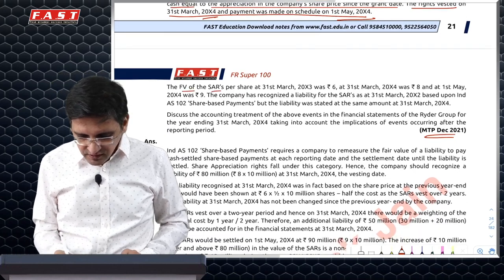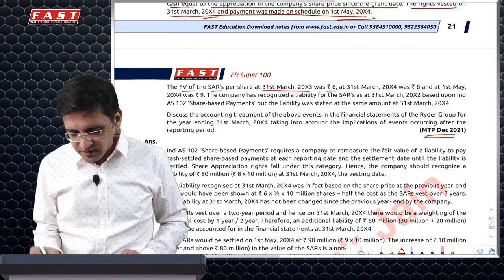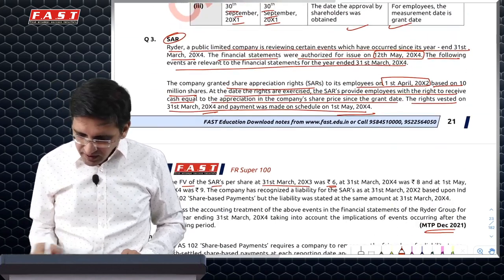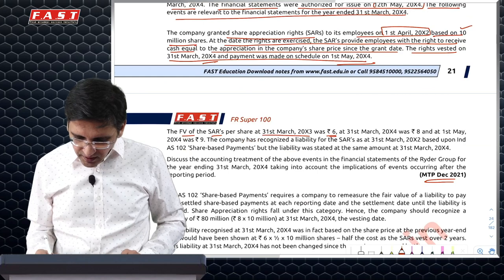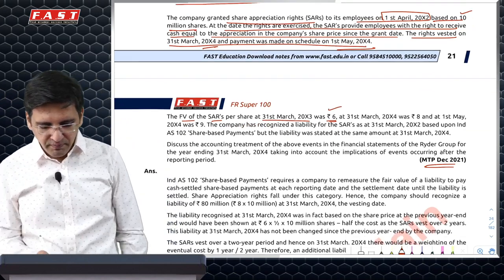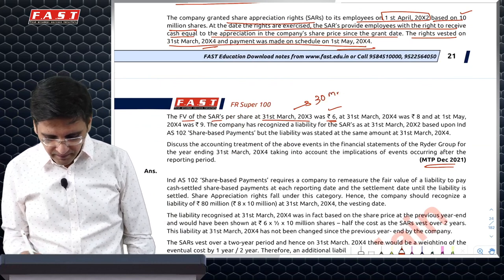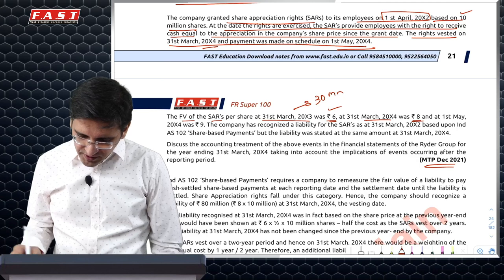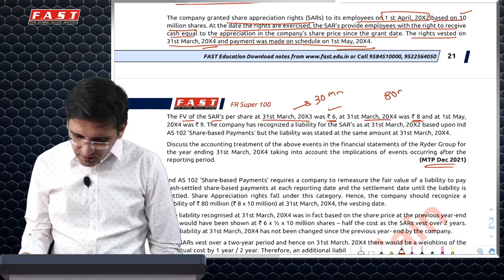So it says fair value of stock appreciation right on 31st March 2003 was 6. And that is the end of the first year. So 10 million shares into 6, into vesting period of 2 years, so 30 million should have been your expense here. And on 31st March 2004, it was 8. So your expense should be 80 million in total.